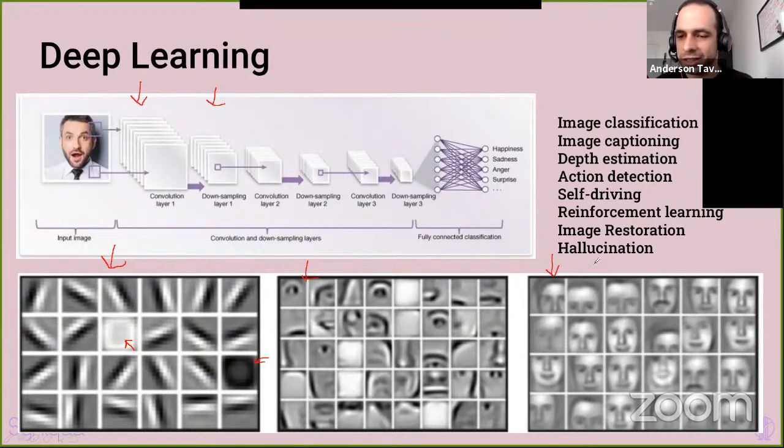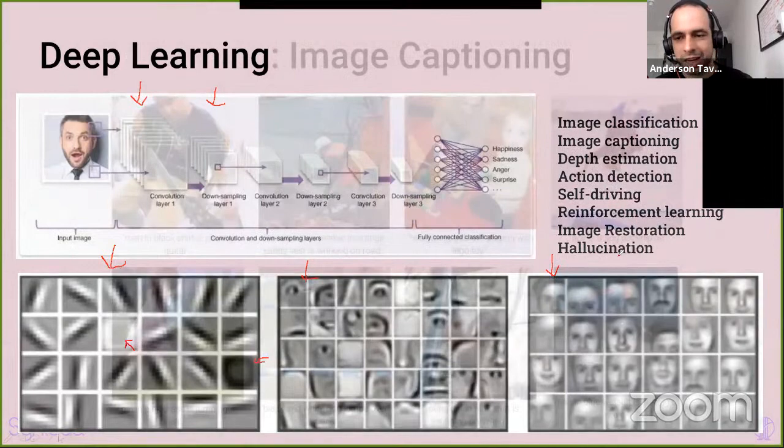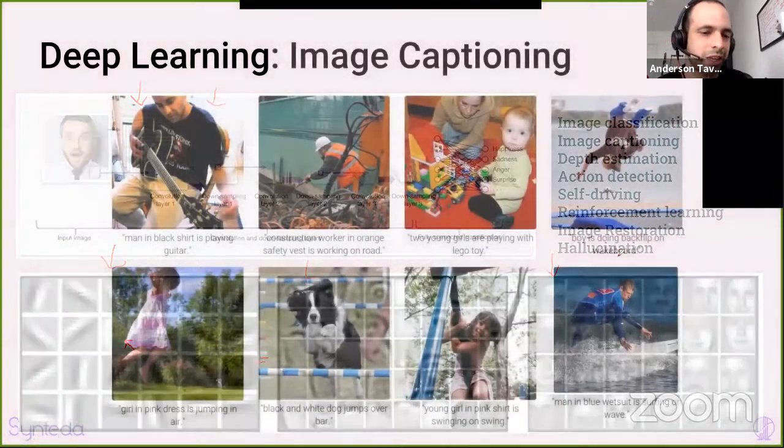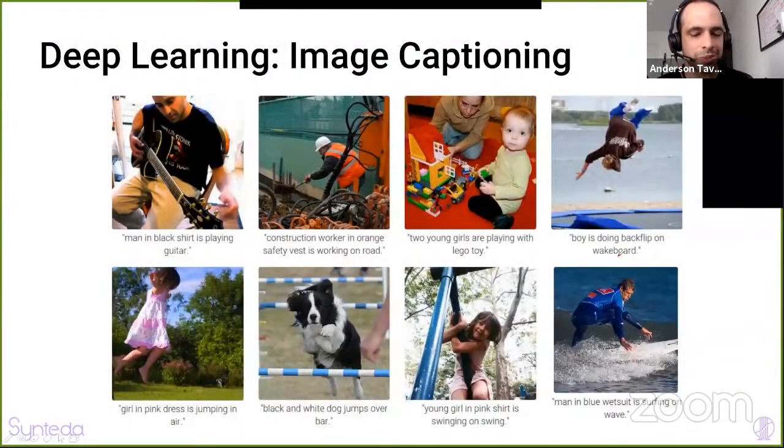Image restoration and hallucination, which is creating new images from a database. Image captioning is one example, where the network tries to extract what happens in a scene.